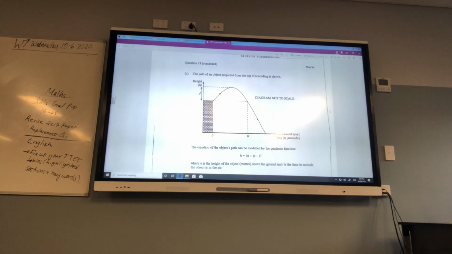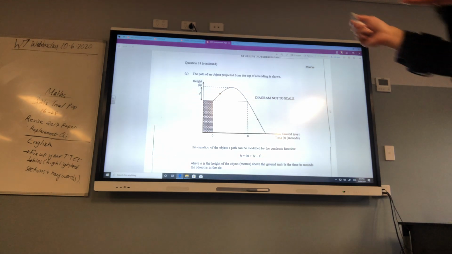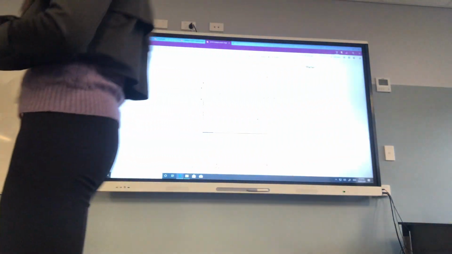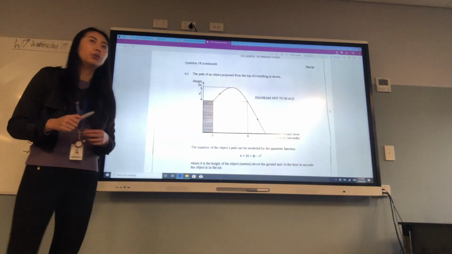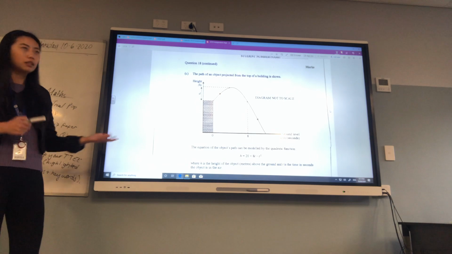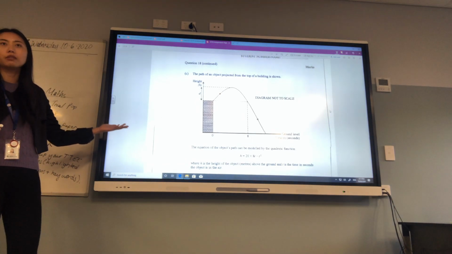The Catholic paper is definitely the most reliable one, because that's one of the 2 trials we'll be sitting in Canberra. For this independent paper, last year we just did it in class. So for these questions, we're not going to take them lightly, right? They're probably still useful for the HSC exam, because they're band 6, band 5 questions.